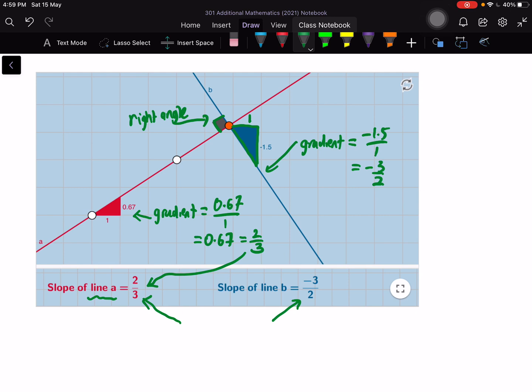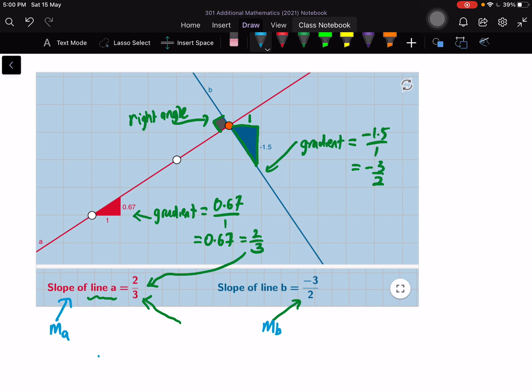Let's try to multiply them together. Let's call the gradient of line A, MA, and the gradient of line B, MB.